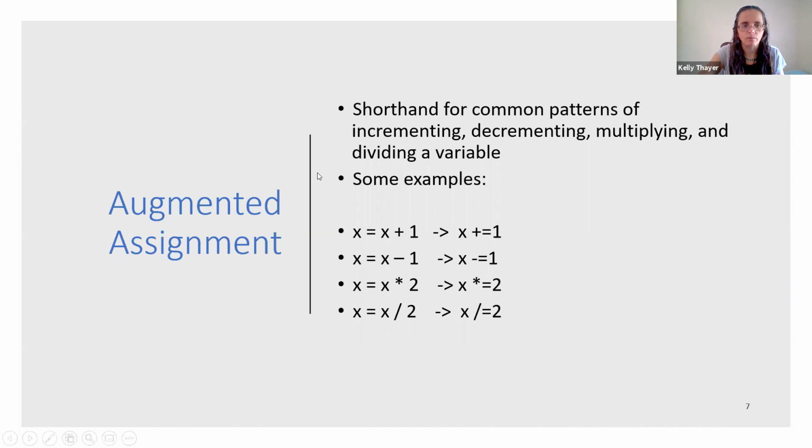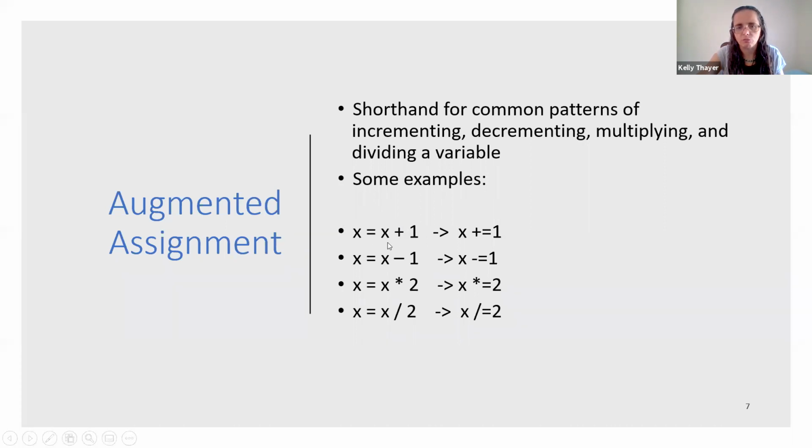As we're learning how to do looping today, we will have a situation where we may need some variables that increment by 1 every time. Now recall that this kind of notation, x = x + 1, is going to use the current value of x here and add that to 1 and then assign that new value to x.